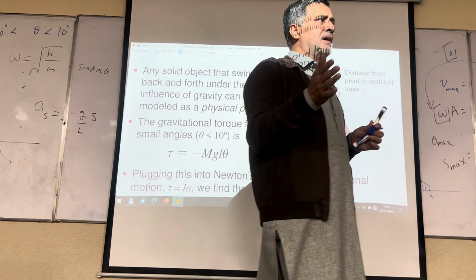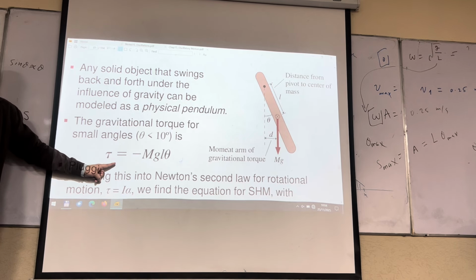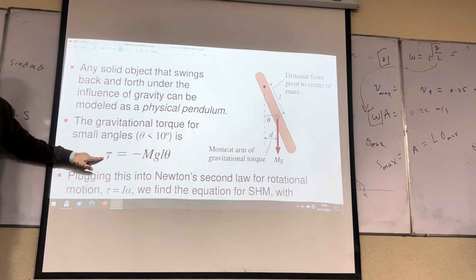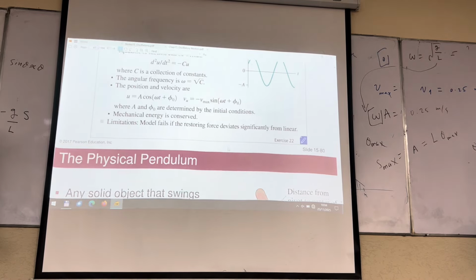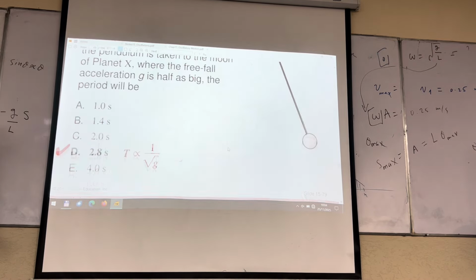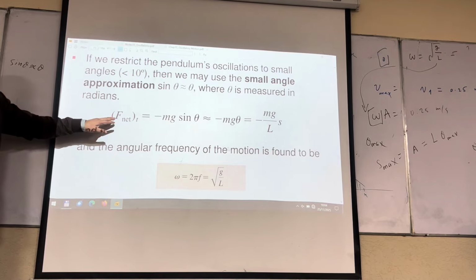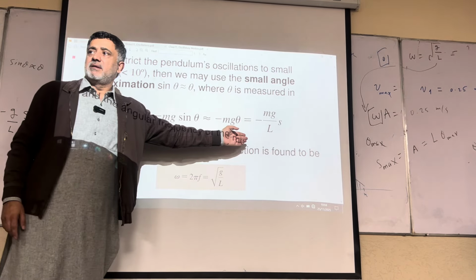But anyway, leaving all that detail aside, what you can do as you will still be able to write an equation like that. जिस तरह हमने यहाँ पे इक्वेशन लिखा था ना सिंपल पेंडुलम के लिए, तो इसके लिए यहाँ पे क्या है? कैन यू रिकॉग्नाइज द सिंबल? टॉर्क. वहां पे हमने फोर्स लिखा था, वो हमने जो इक्वेशन लिखी थी, we still used force because this was easy to handle, right?